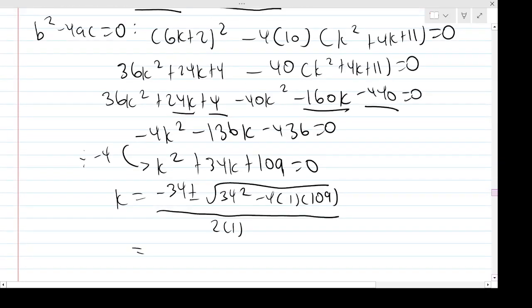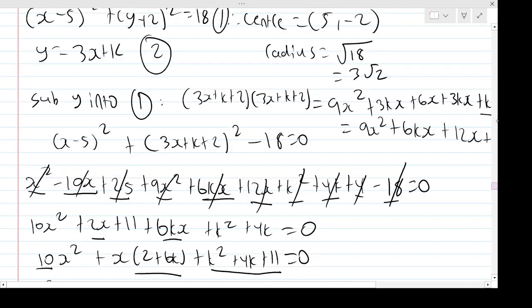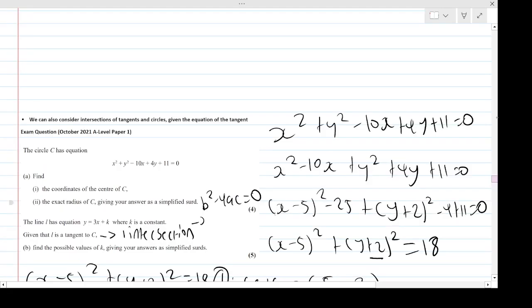And that would equal, okay, so k would be minus 17 plus or minus 6 root 5. Okay, there we are. And it says find the possible values of a, give me answer as simplified surds. Okay, there we are.